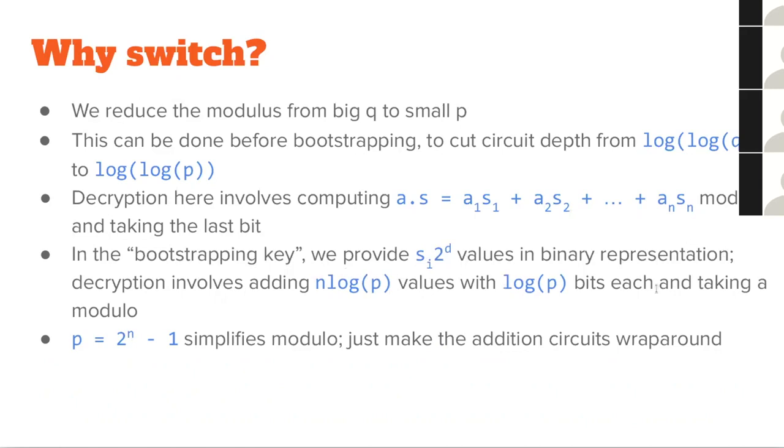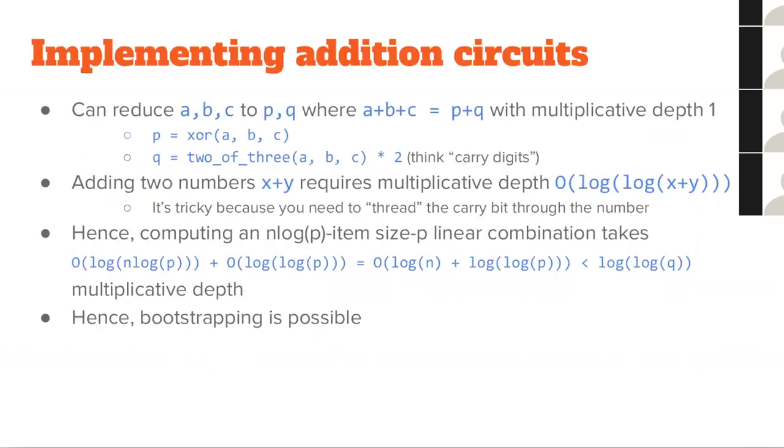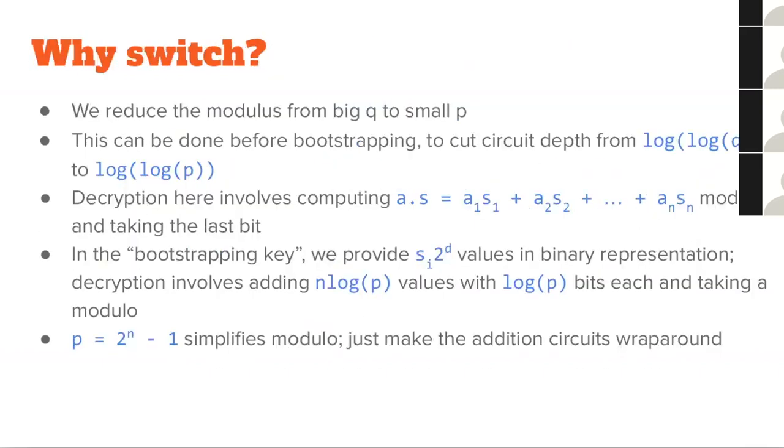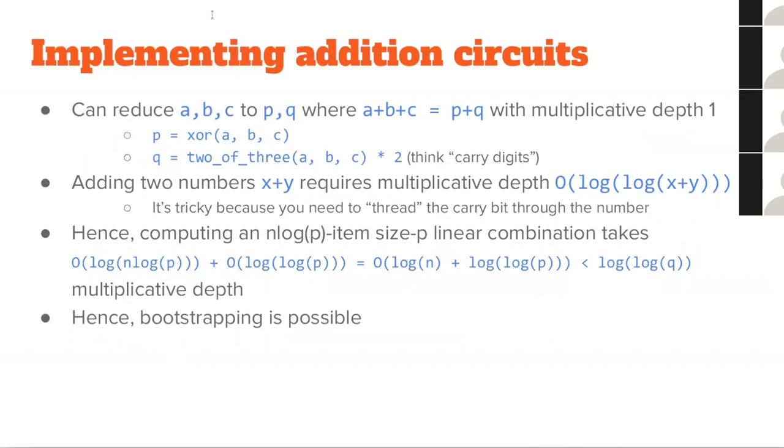And then to take the modulo, the best choice of p is going to be 2 to the power of n minus 1. That makes modulo really easy because you just make your addition circuits wrap around. So how do we implement these addition circuits?